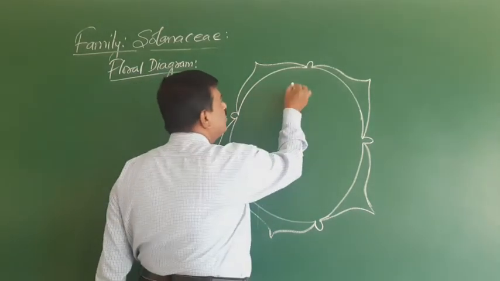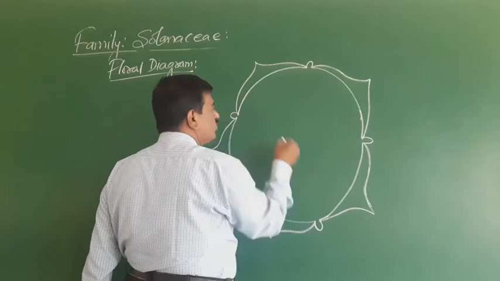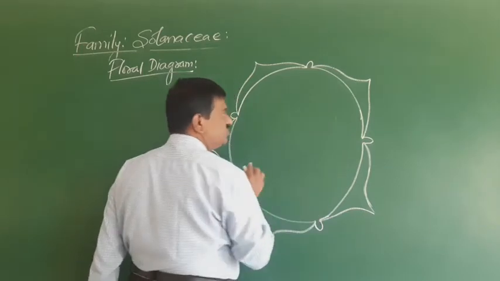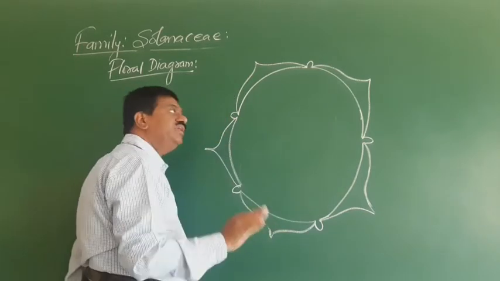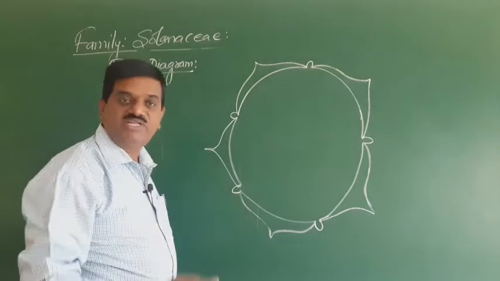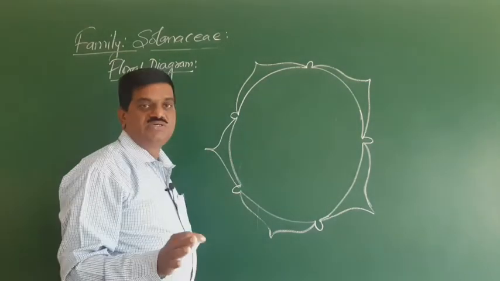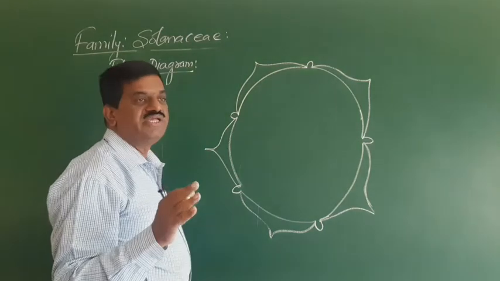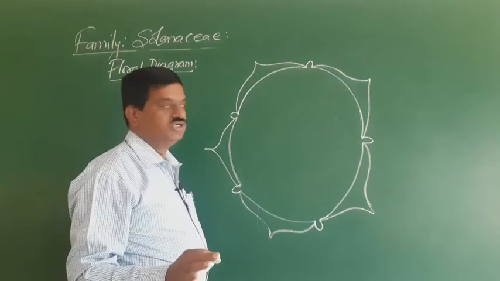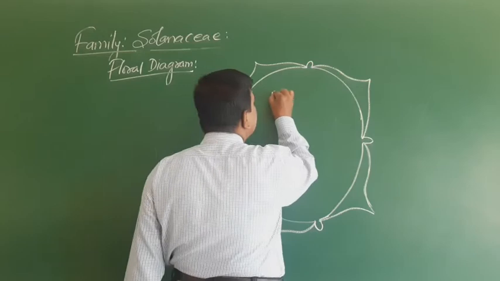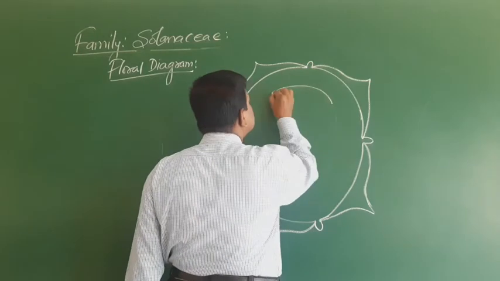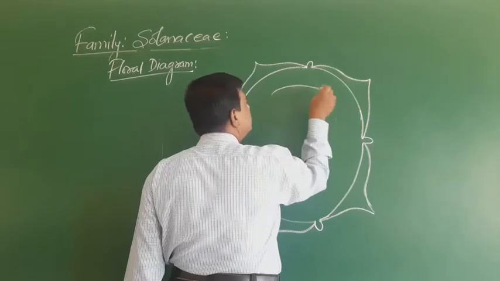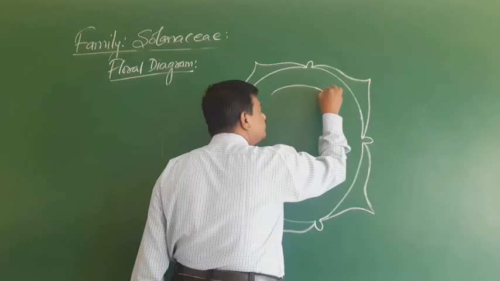Next to this we go for the corolla. Again the corolla is 5 petals, and again it is called gamopetalous, which is nothing but fused. So here it starts with the first one. This is called the first petal.